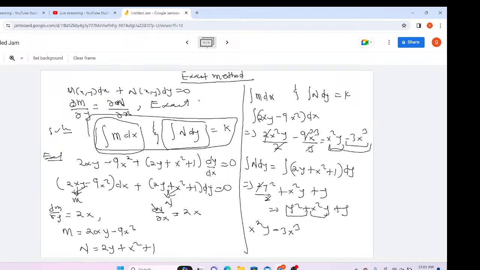And this part, y squared, there is no y squared here, so plus y squared. X squared y, there is 1 here, so I've fit it already. I'll just leave it. Plus y, there is no y here, so plus y. And this equals k. So this becomes the solution to the differential equation.